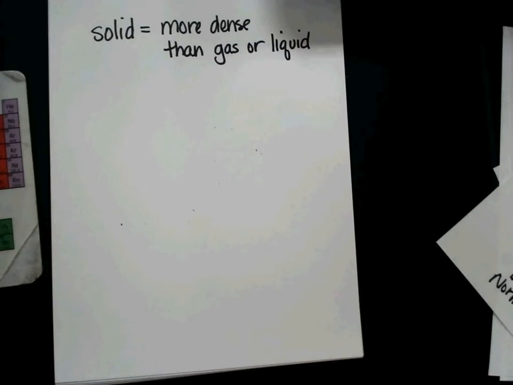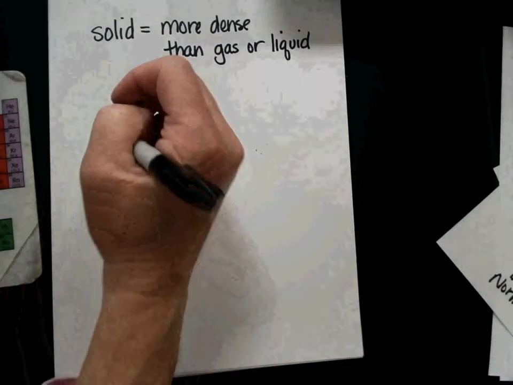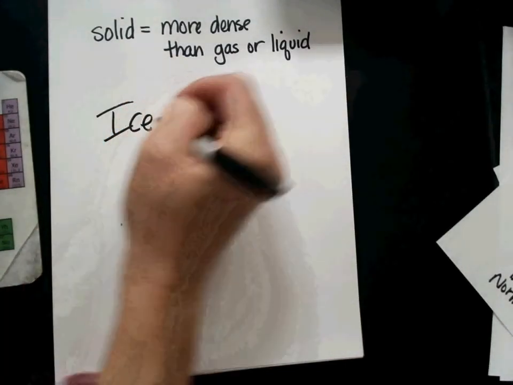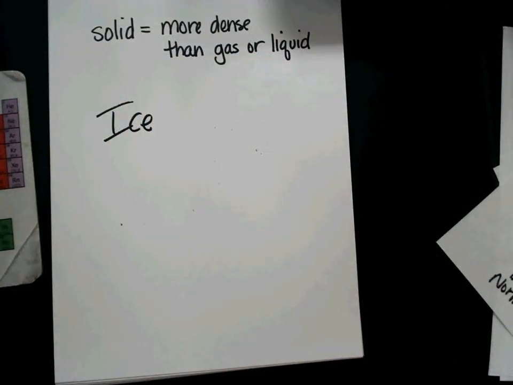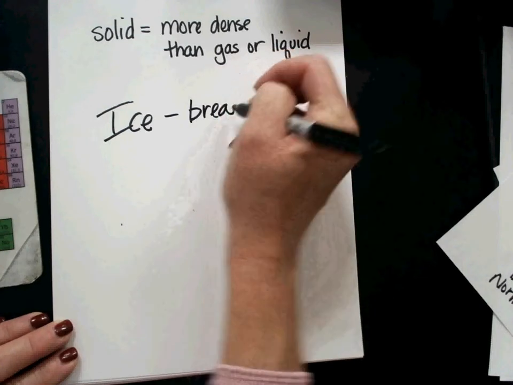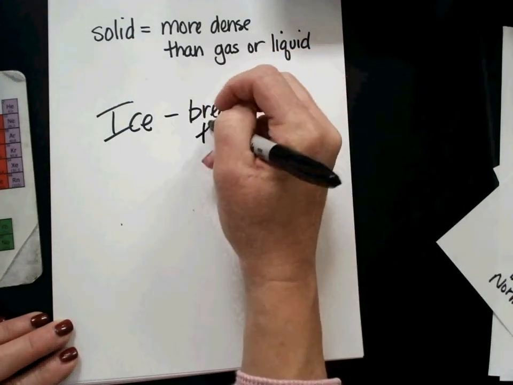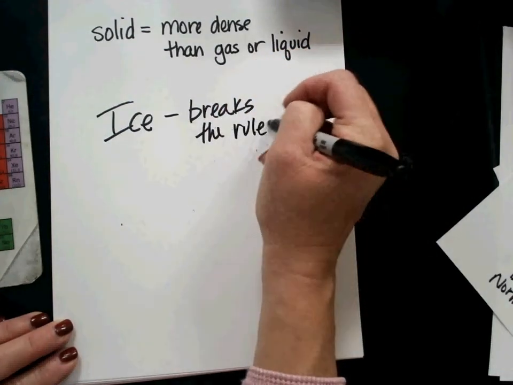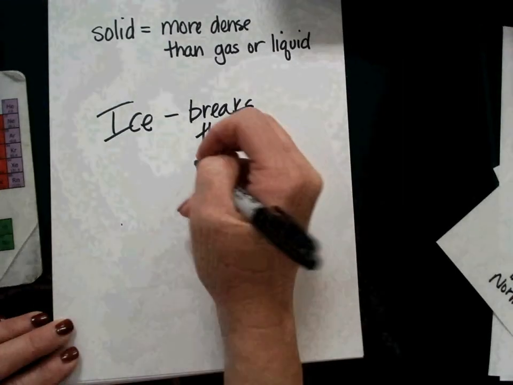Think of a substance where that's not true. Addie, what you got? Ice. Yay! Ice. What happens to ice when I put it in water? It floats. When something floats, that tells you it's less dense than whatever it's floating in. So ice breaks the rules.